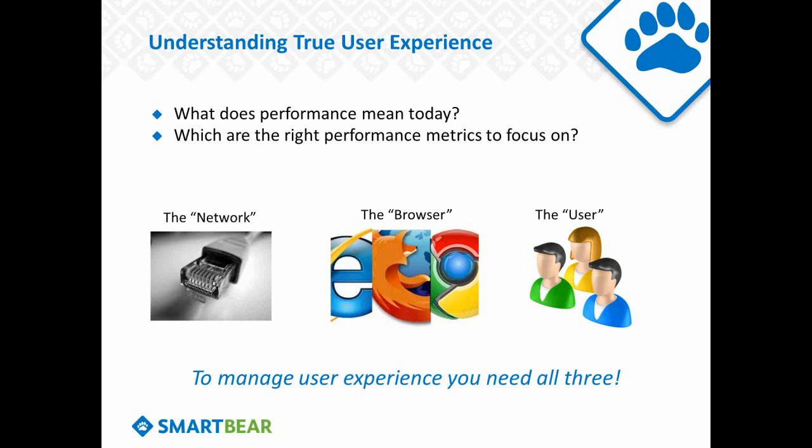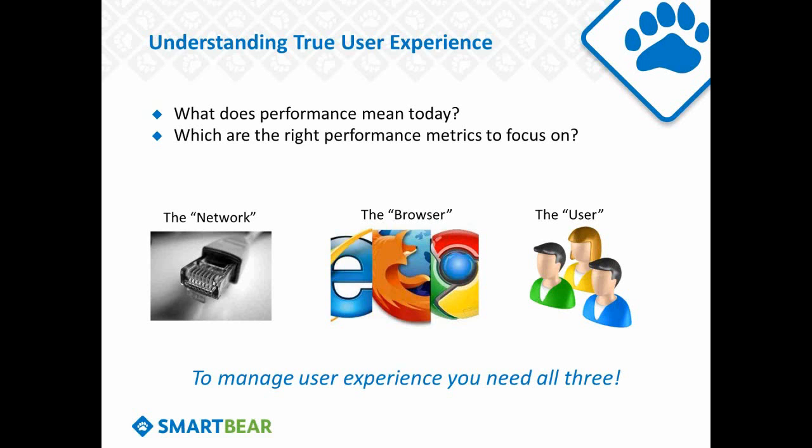So there are really three perspectives of user experience that I think are relevant and that we're capable of collecting data on. The first is the network perspective, and I think you guys are pretty familiar with that. We'll show an example and talk more about that in a minute. Then there's the browser perspective. There's a set of signals that the browser emits as it's rendering the web page about certain key milestones in the rendering of the web page.